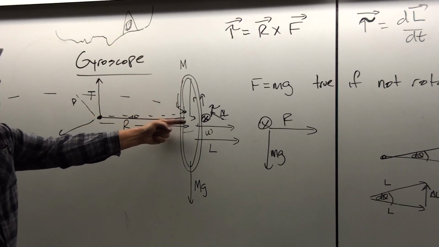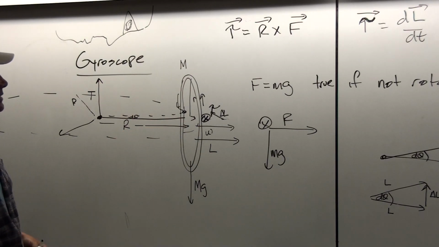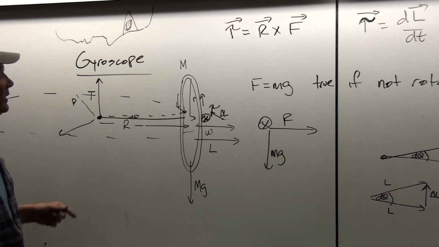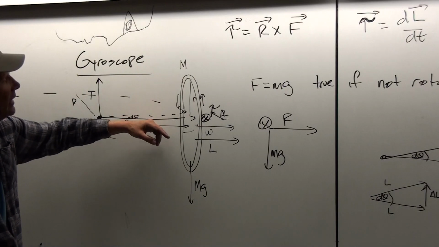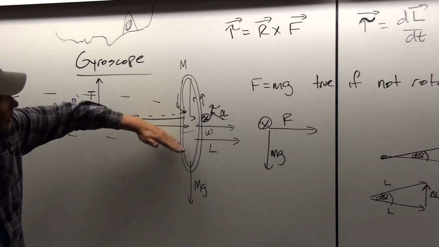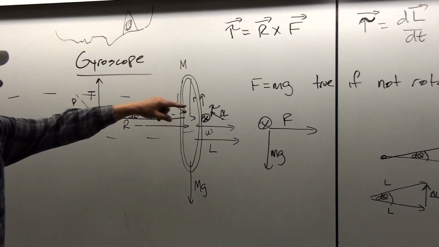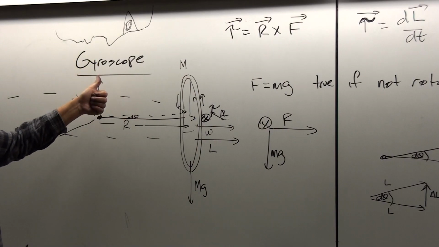But here what we're assuming in this approximation is that the disk is rotating fast enough so that the torque caused by that term outweighs this torque, and outweighs the changes in angular momentum that are produced by the vertical part of the disk.